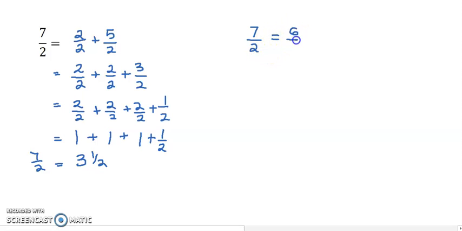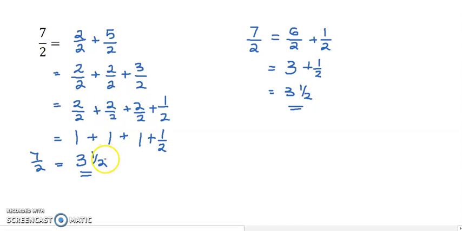I can get 6/2 plus 1/2, which still equals 7/2. And 6 halves is going to equal 3 whole ones plus a half, which is 3 and 1/2. We come up with the same answer.